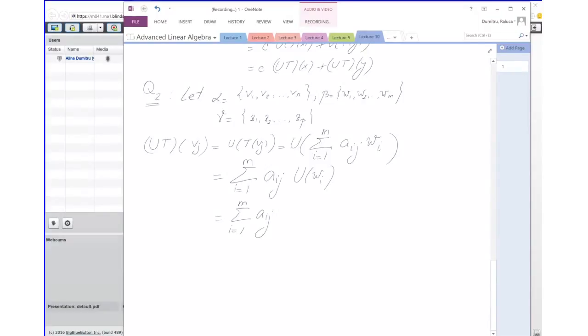If the matrix of U is B, U of Wi is the sum of Bki Zk, where k goes from 1 to p.